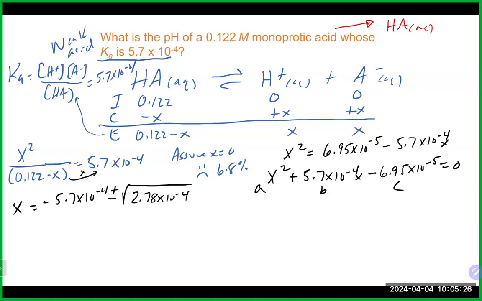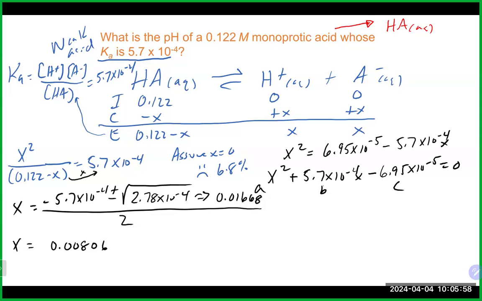Once you square root it, we're going to get basically 0.01668. That's all going to be divided by 2 times a, which is 2. Going first in the positive direction here, negative 5.7 to the minus 4 plus 0.01668 divided by 2 gives us an x value of 0.00806.